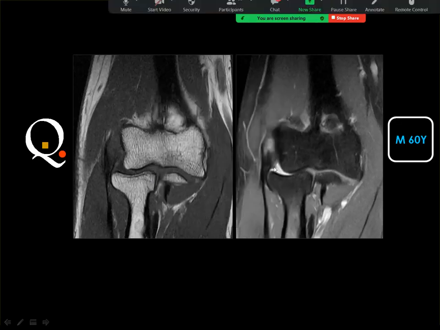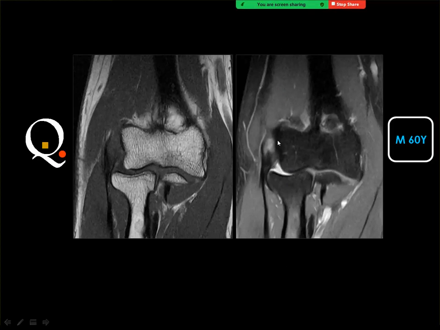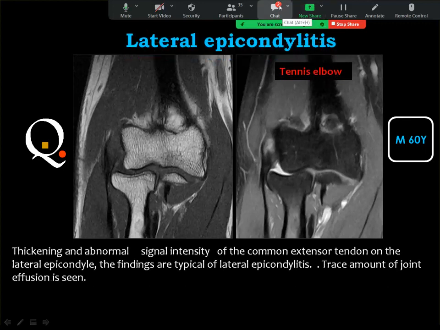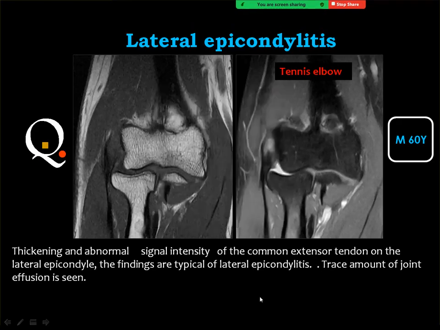In this example, the abnormality is in the common extensor tendon, which is swollen and showing abnormal signal, and this is known as lateral epicondylitis or tennis elbow, as you know. Yes, and this is any abnormality in the common extensor tendon: swelling with abnormal signal, partial tear, complete tear. All these changes are referred to as lateral epicondylitis or the tennis elbow.